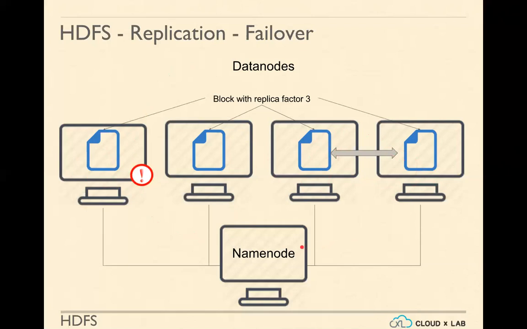The name node will command the data node which does not have a copy of the file to take a copy of this replica and keep it, so that the block recovers. This way the block has recovered and has one more copy. Does it make sense?